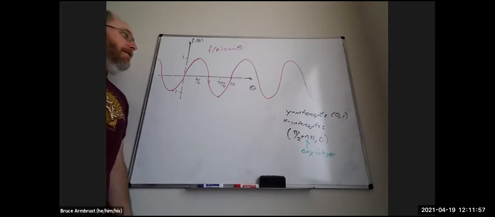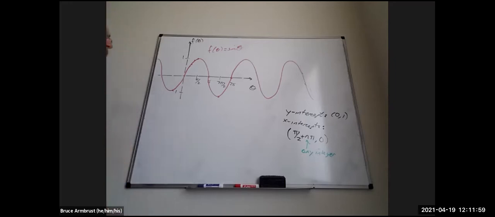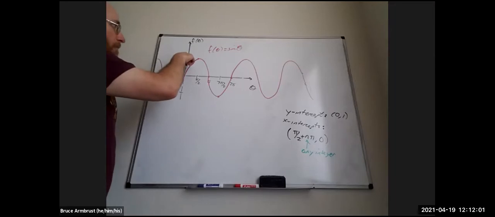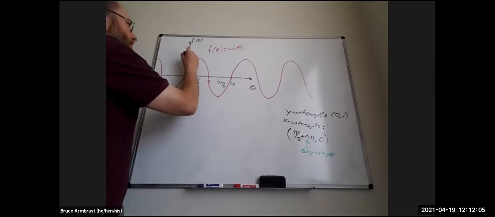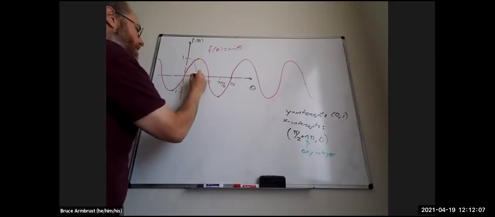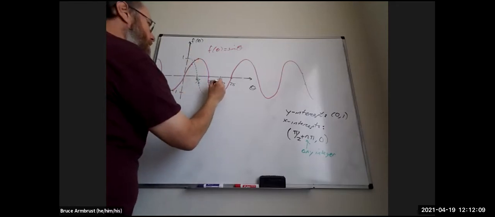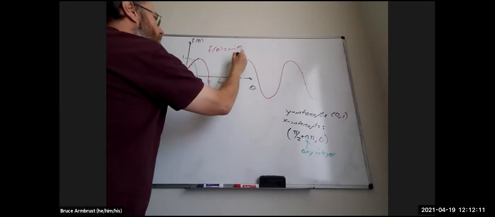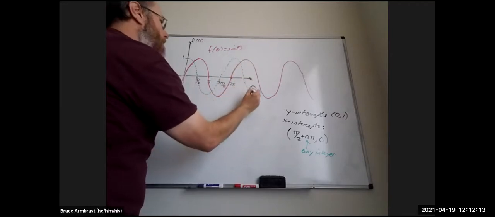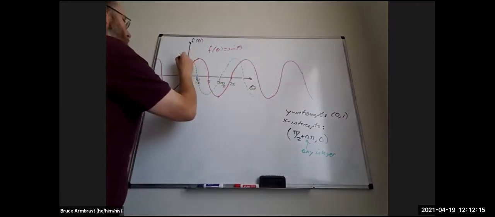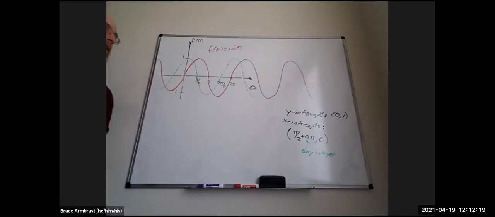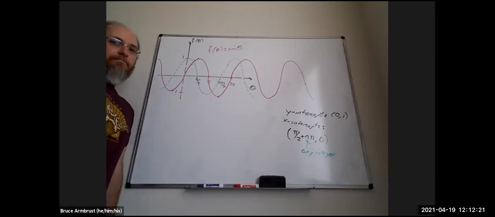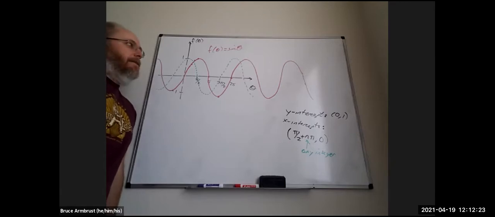Think about cosine. Remember cosine's y-intercept was 1. So I'll draw the graph of cosine in here in green dotted. All right, so the green was cosine. The pink is the sine.